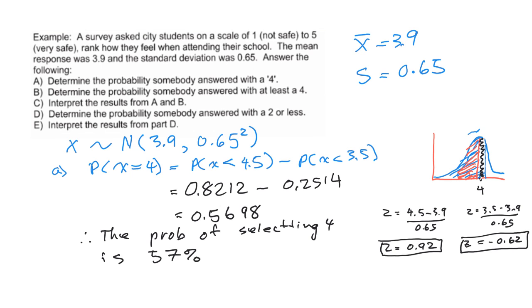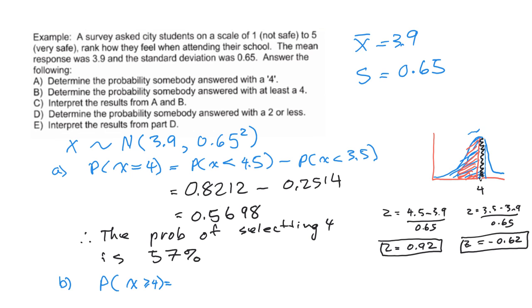Now, let's go and take a look at what happens when we're trying to determine the probability that somebody answered with at least a 4. So just like before, when we were calculating our probability of X being greater than a certain thing in the previous lesson, here's what we did. We said the probability of X being greater than, it says at least 4, so greater than or equal to 4. We're going to use our boundaries that we used before in our original problem.